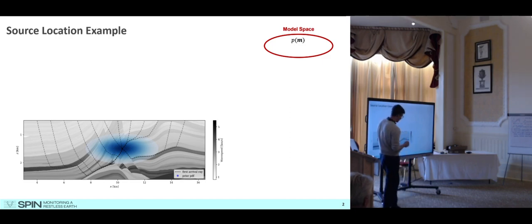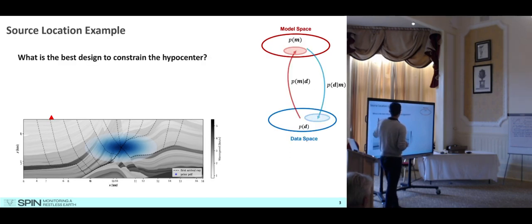And with that at hand we can then define our model space, which in this case is just the vertical and the horizontal component of our seismic source. And we now want to solve the design problem. What is the best design to constrain the hypocenter, which means to constrain both components of our seismic source.